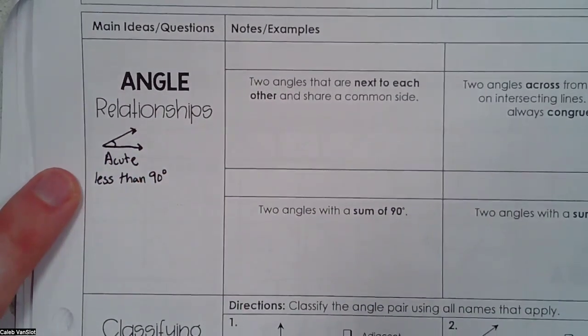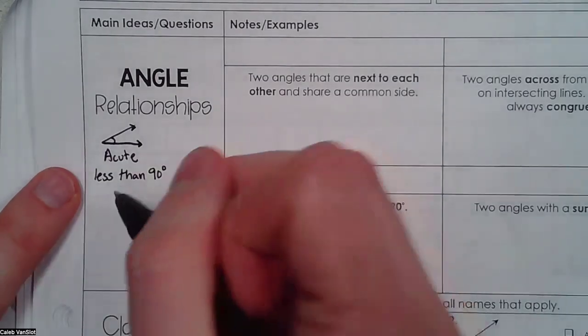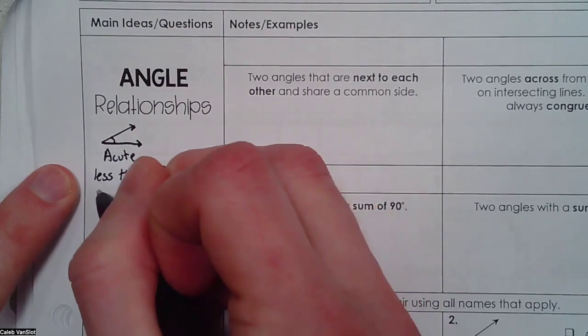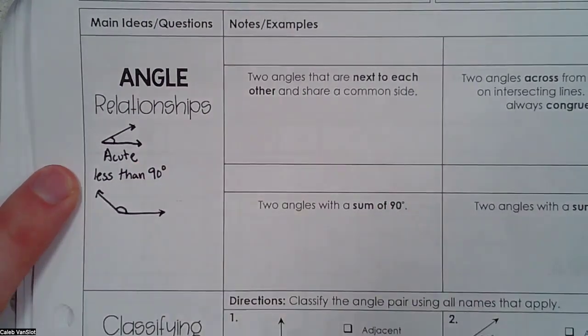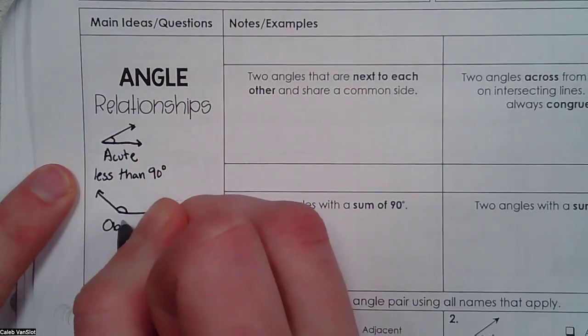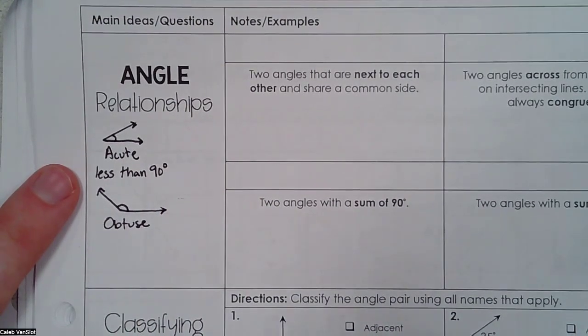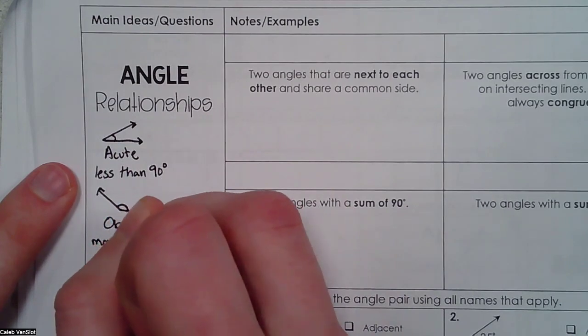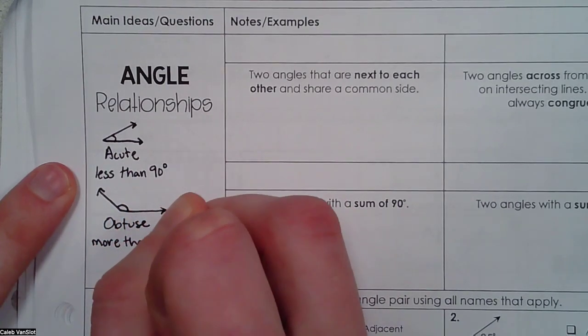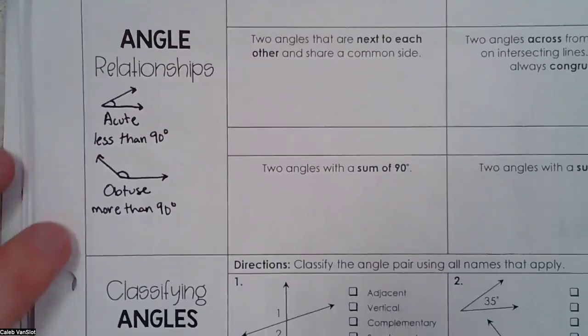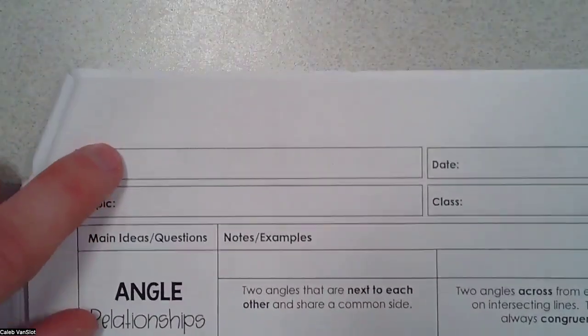Okay. So we have acute angles. We have angles that look kind of like this. What would we call this one? Yep, this is obtuse. And how many degrees is it? Greater than 90, more than 90? Absolutely. Okay, what's another one that we have? Straight angle. I'm going to actually do them up here, okay?